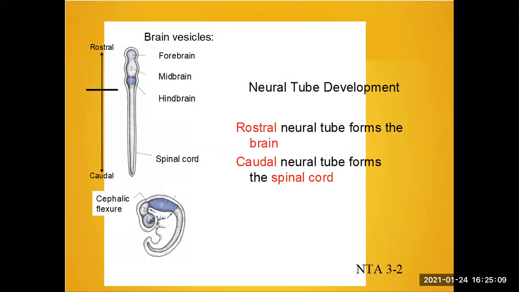We have three primary vesicles. The biggest vesicle is called the forebrain, or prosencephalon. The smaller middle vesicle is the midbrain, or mesencephalon. The caudal vesicle is called the hindbrain. It is continuous with the spinal cord.